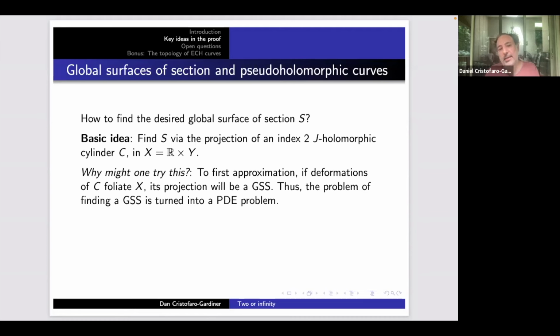Maybe we'll return to that in a minute. But at least you should hopefully find it plausible that I can turn this question of finding a global surface of section into this question about finding foliations of this 4-manifold with J-holomorphic cylinders. So that's an idea with a long history.